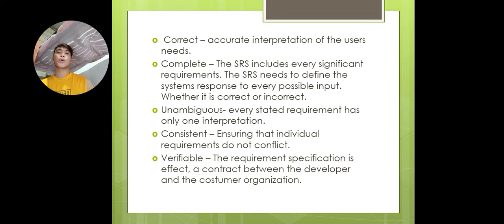So of course, when we make applications, they should be verifiable. For example, if the user needs to contact the developer, they should be able to contact the developer about questions regarding the application.